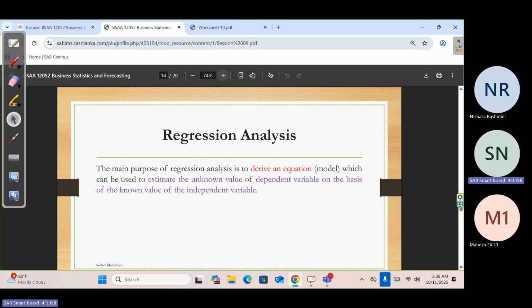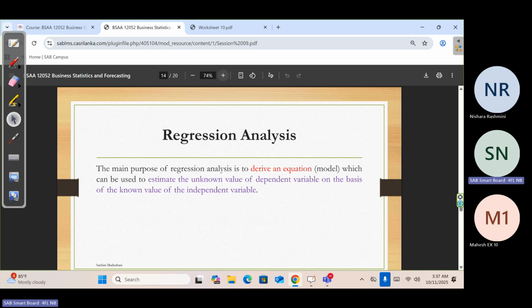Understood? Here in the regression analysis we can derive the model or equation. That one expresses what kind of linear relationship between the independent and the dependent variable.